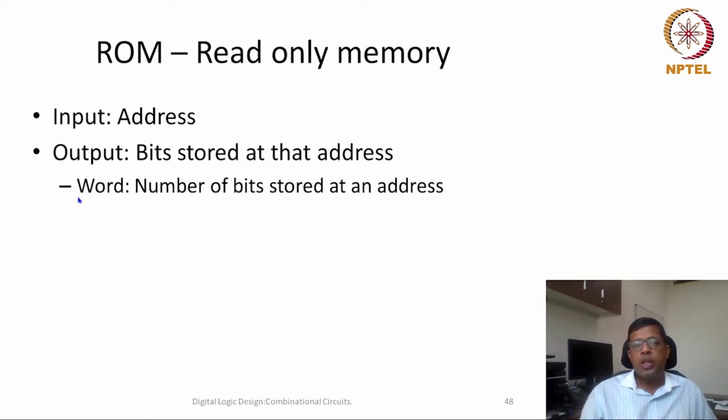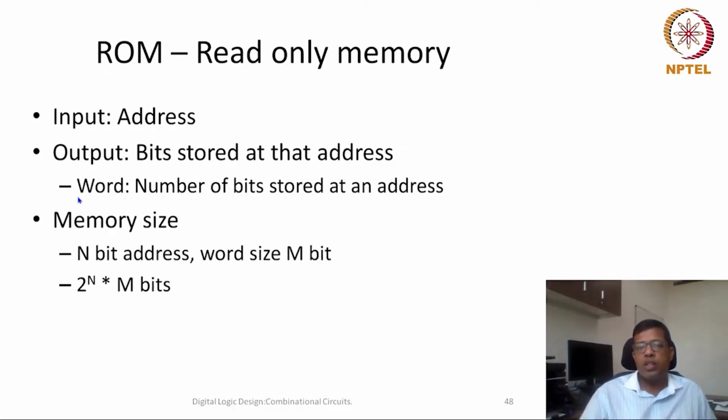So what is inside ROM? That's what we call the total number of memory cells, the total content. If n is the number of bits in my address and the word size is m bits, then the total number of memory cells is going to be 2 to the power n into m bits.